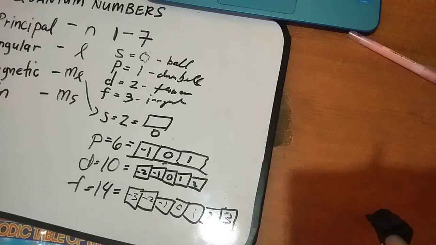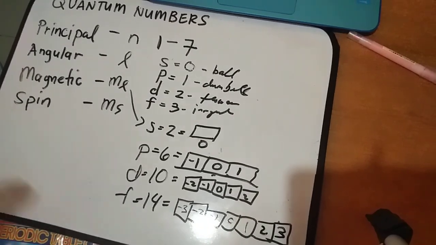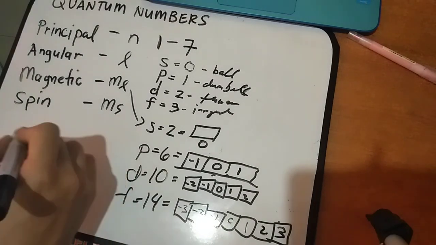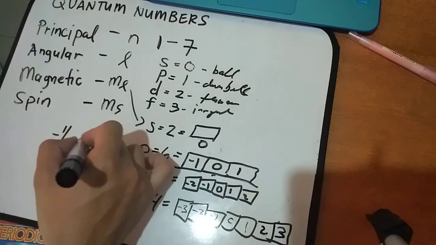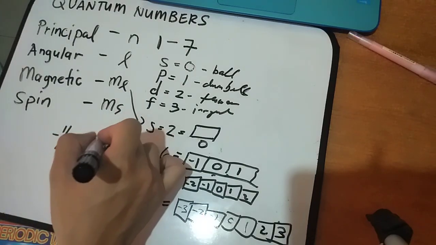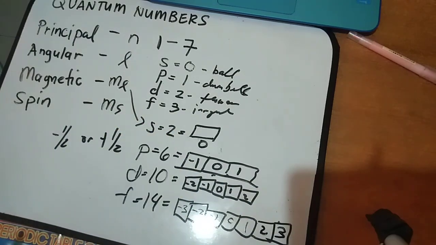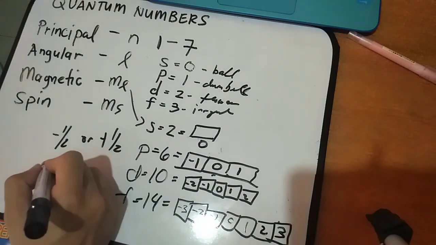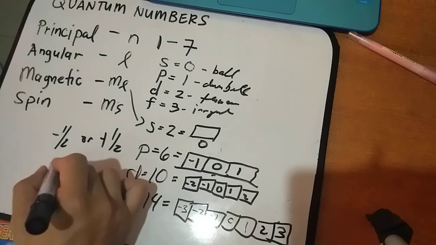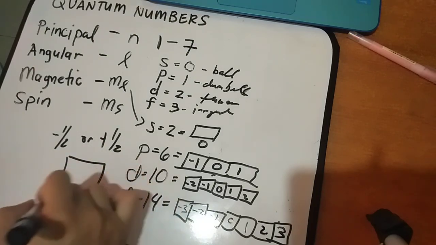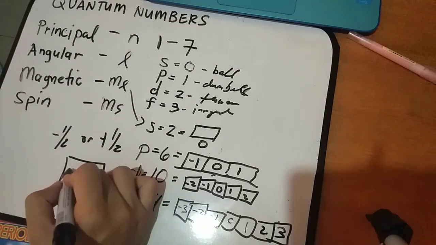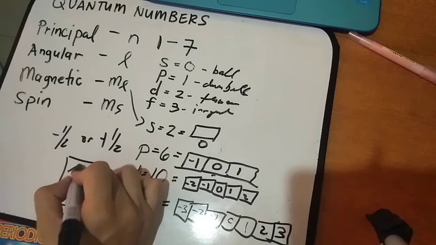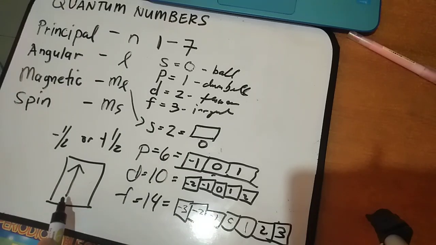And then, ano naman yung sa spin quantum numbers? Sa spin quantum numbers, madali lang. You only have the value of negative 1/2 or positive 1/2. Kapag negative 1/2, ang spin, kung ito yung box natin, kapag arrow up, positive 1/2.